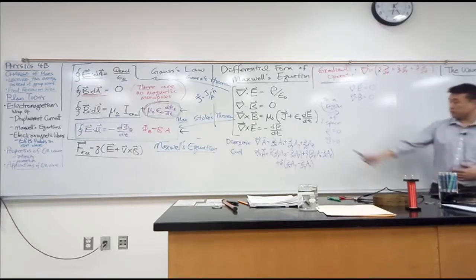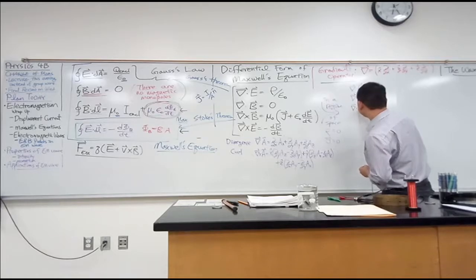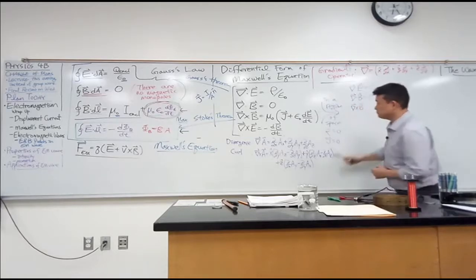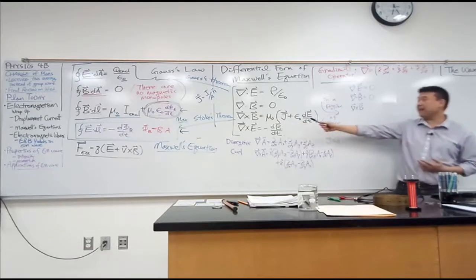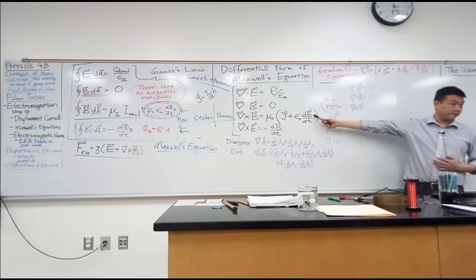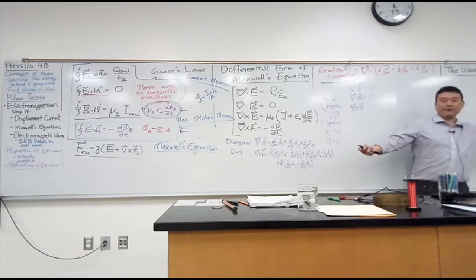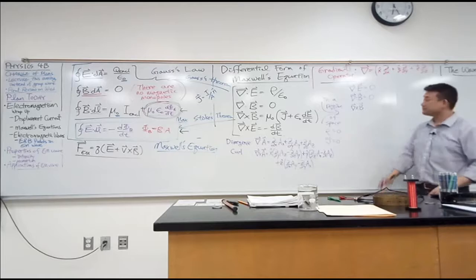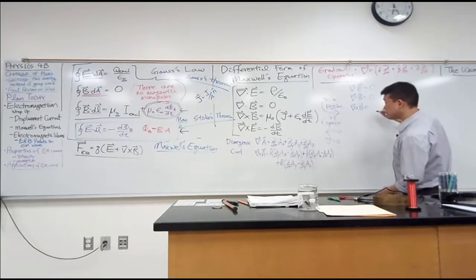And the curl of magnetic field is now a little bit simpler. The first term is 0, but I have to have the electric field. If I say the electric field is also 0, then that means I'm very, very far away from any charge and nothing's actually happening. So I'm just going to have the electric field term.